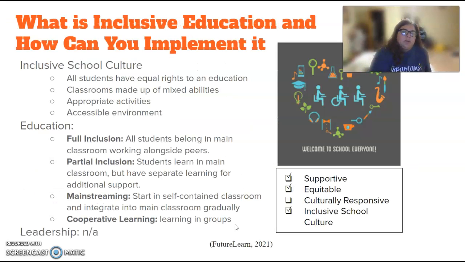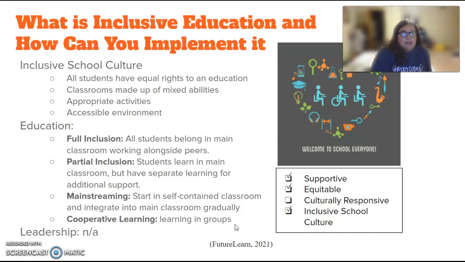The next article was what is inclusive education and how can you implement it? They considered an inclusive school culture as all students having equal rights to an education, classrooms made up of mixed abilities, appropriate activities and an accessible environment.